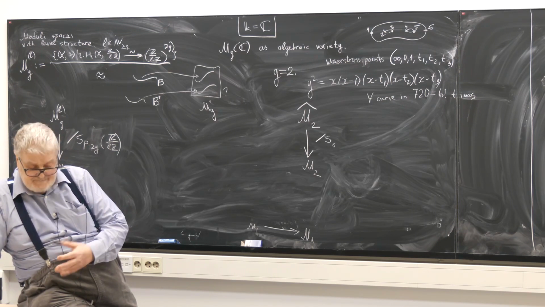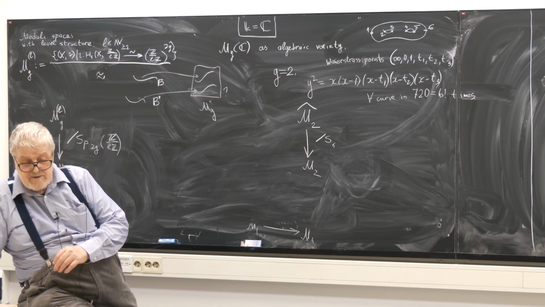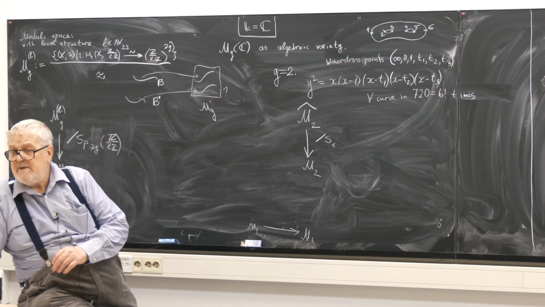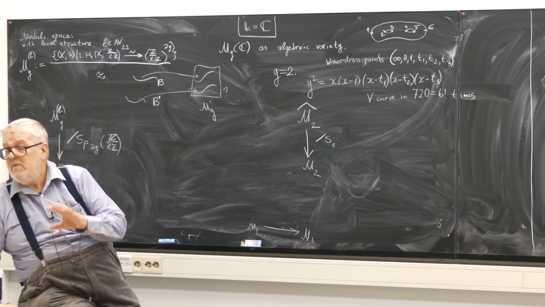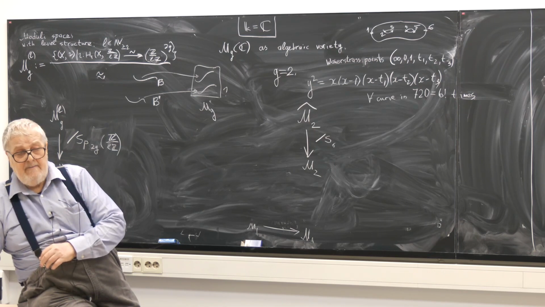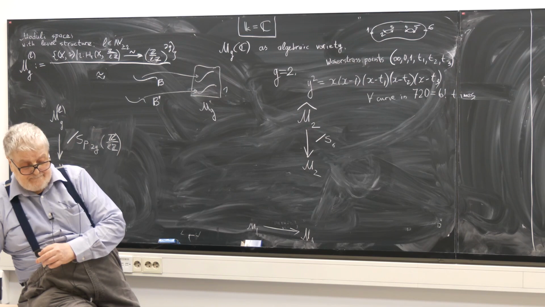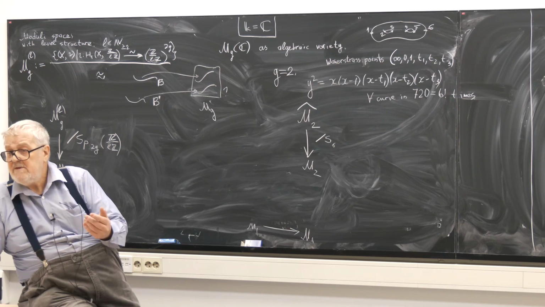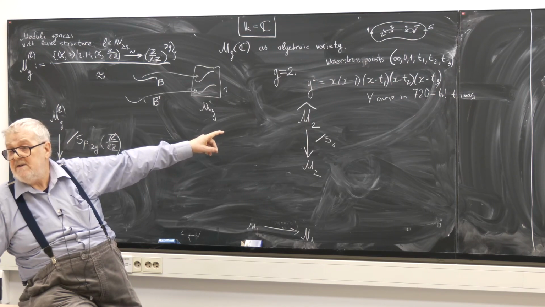I mean, we can consider the category of curves of genus 2 with ordered Weierstrass points, and with the obviously defined morphisms, and the family functor is again representable by this M2 hat.